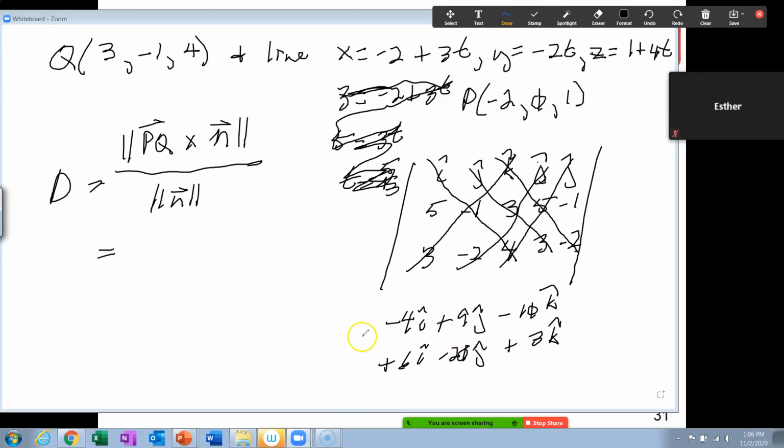Okay, well, what does that give you? The numerator is then going to be 2i minus 11j minus 7k.